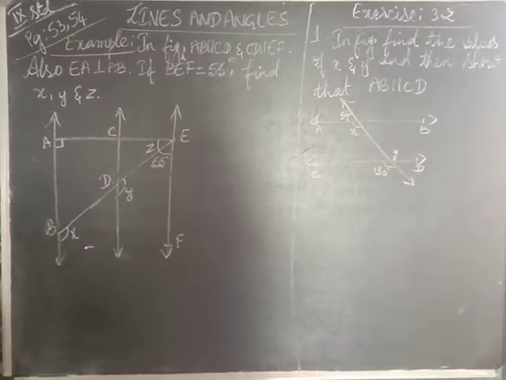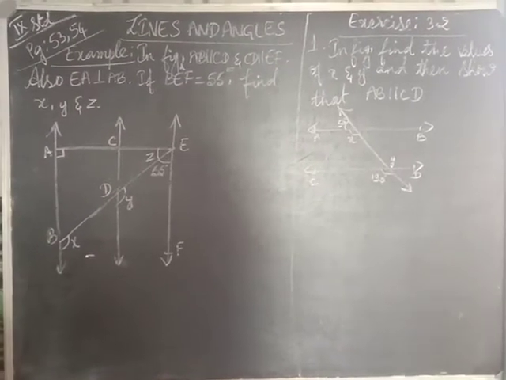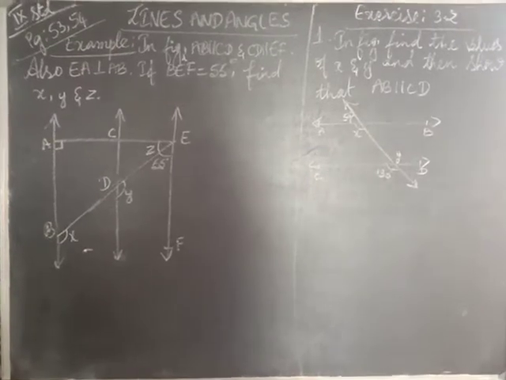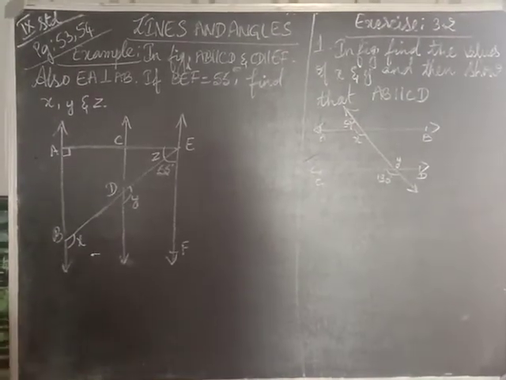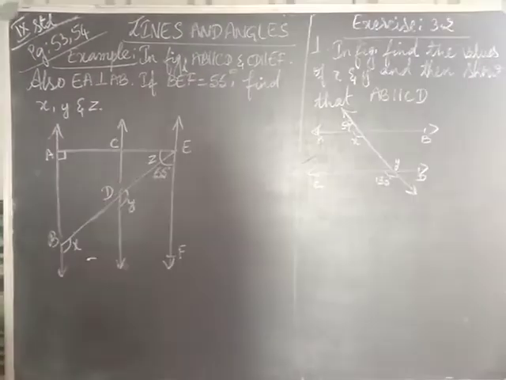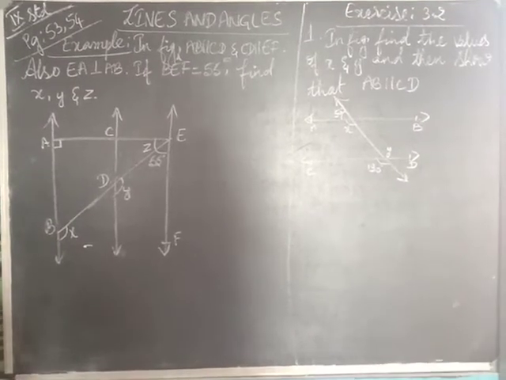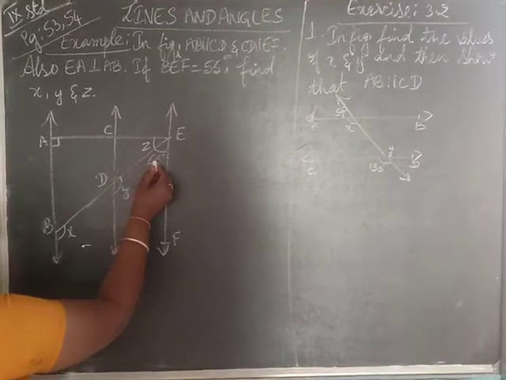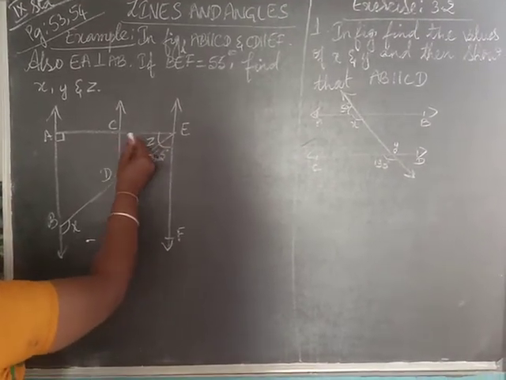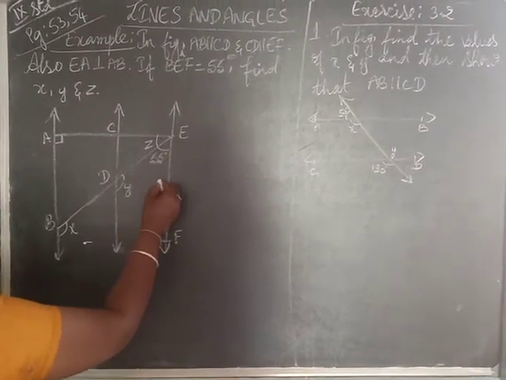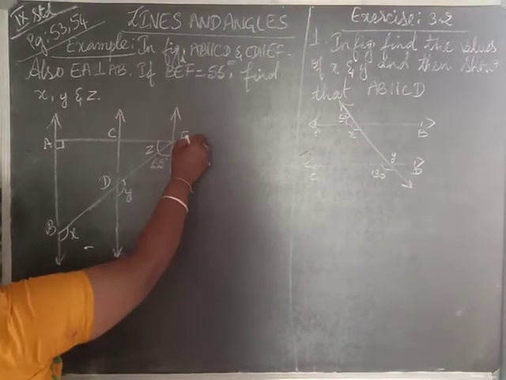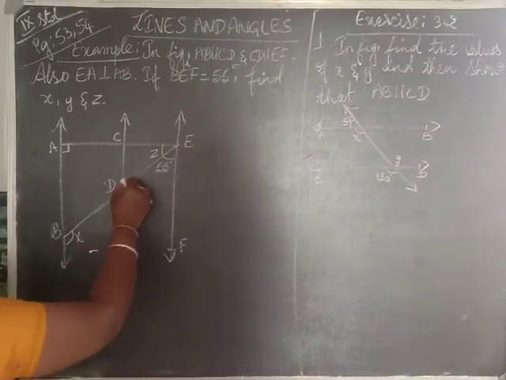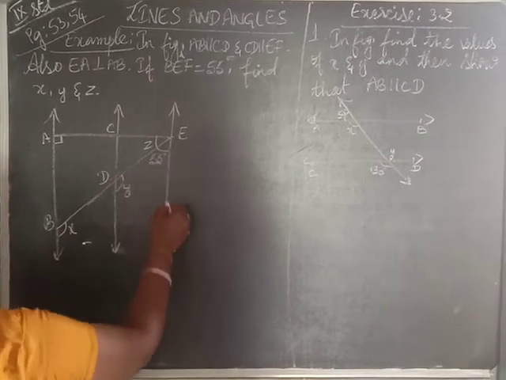Okay, children? So how to find out this one? See, we have learned the concept of parallel lines and transversal. Now, using that concept, we can write here. Just listen here, all of you. What is given? Angle FED is 55 degrees.